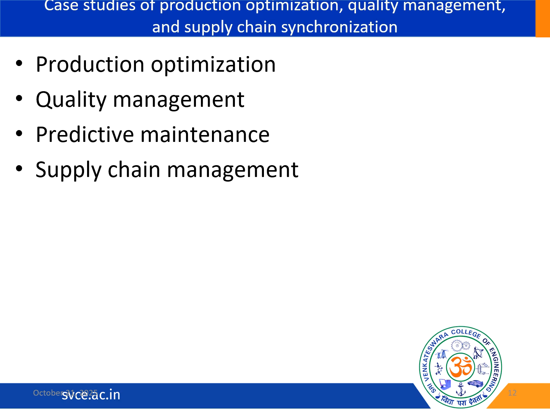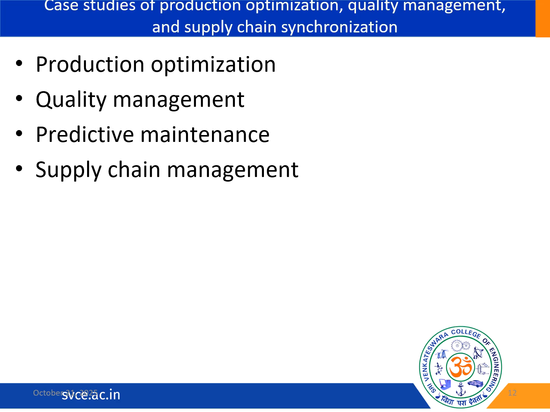IIoT provides end-to-end visibility across the entire supply chain. This helps to track all the raw materials, work in progress, and finished goods in real time. Supply chain management reduces the need for buffer stock and improves order fulfillment.